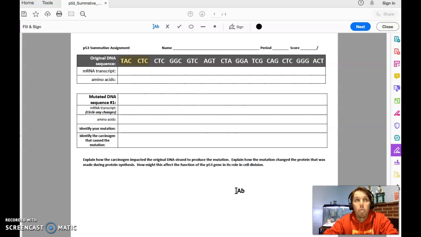So they were exposed to the carcinogen, it led to a blank type of mutation, which means the amino acid is different, and now they have cancer. Be specific about the type of cancer. So this will take a little bit of research of connecting certain carcinogens to certain types of cancer.